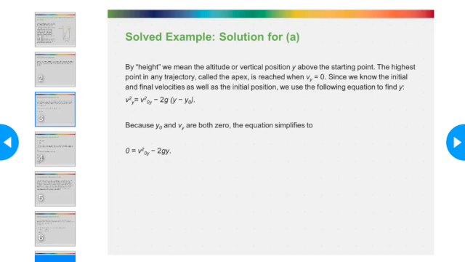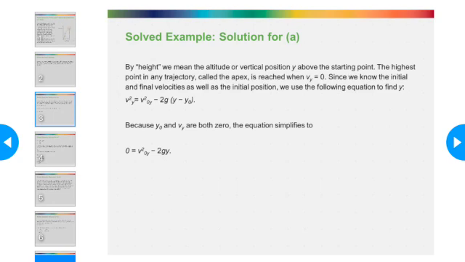We know the initial position is 0 because it's on the ground. The final velocity is 0 because it reaches its peak. So those things are eliminated here. There's no v or y naught, and no vy, which is the final.